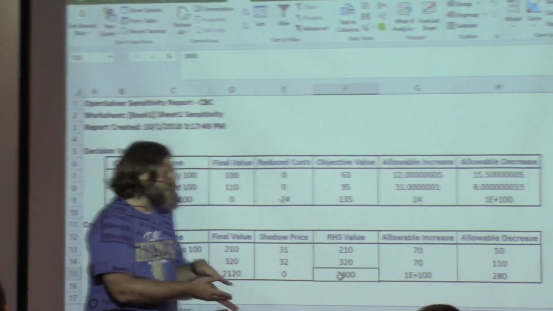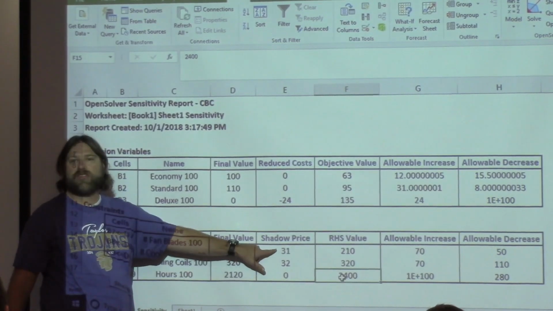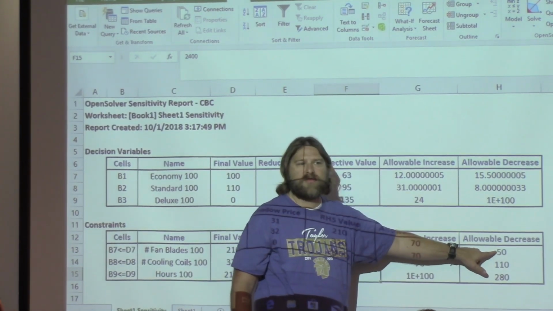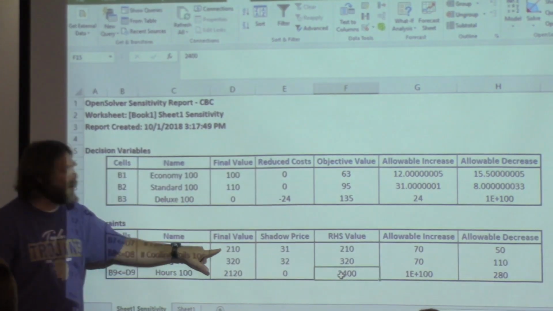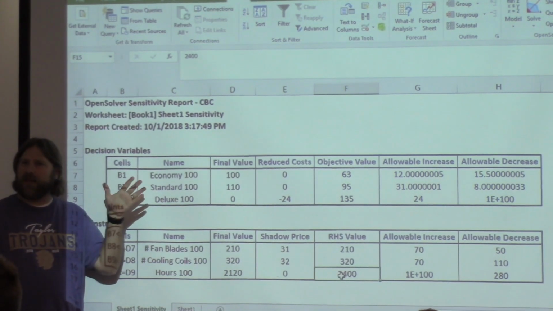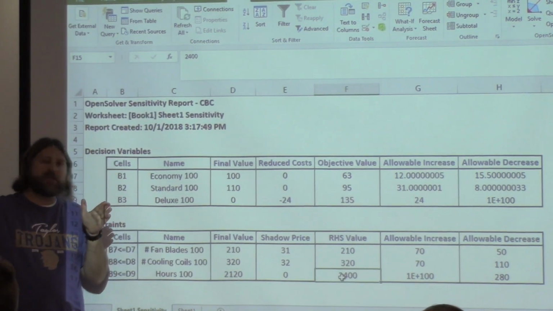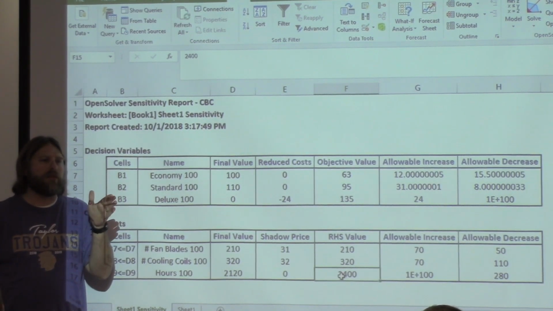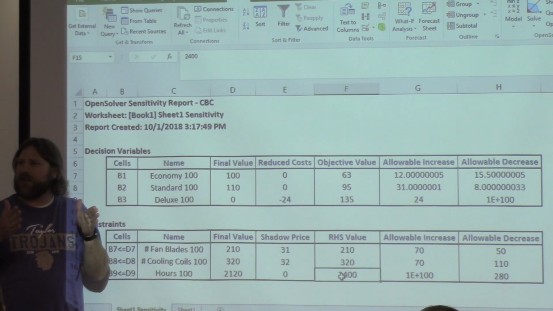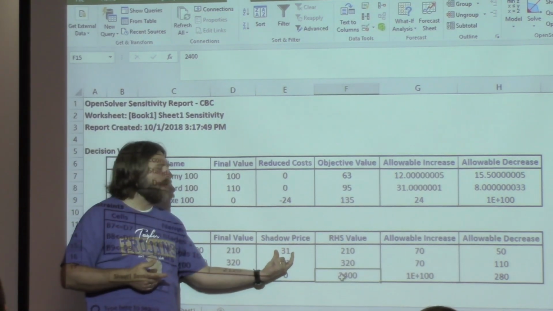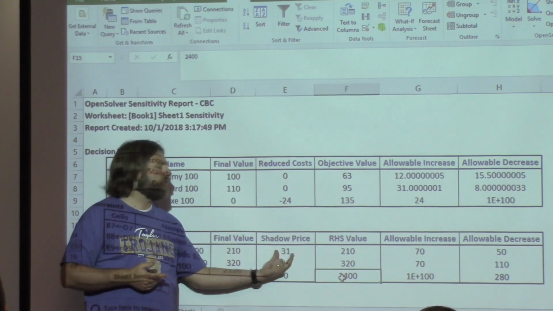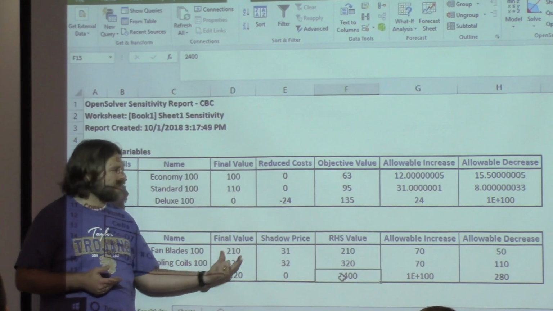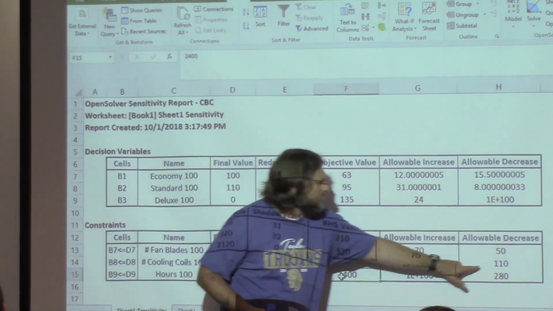So that means as long as it's no more than 280, this shadow price holds. Also, we can decrease it by 50. So it can go down to 160. So in that range of 160 up to 280, that shadow price, that dual, holds true. Any range in there, we're going to do 31 units change to our objective function for each unit change in our right-hand side here. Okay, so you can see that is true for here.